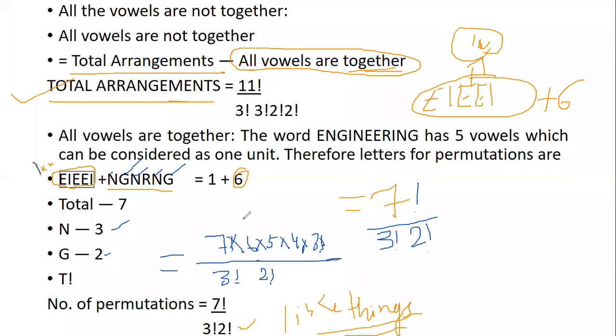Now I can cancel 3 factorial and 3 factorial. So 7 into 6 into 5 into 4. How much do you get? 7 into 6 into 5 into 4.